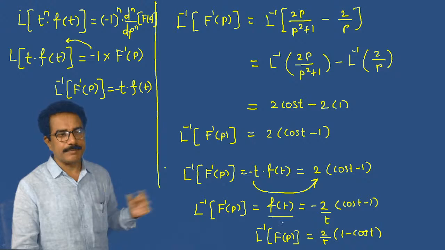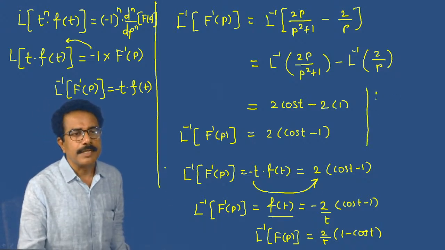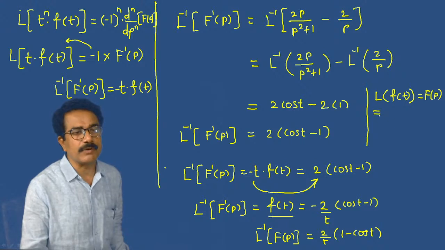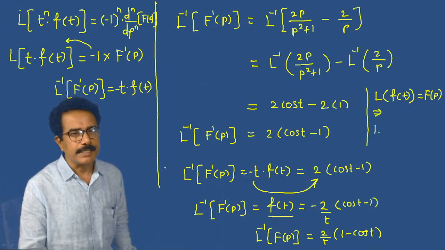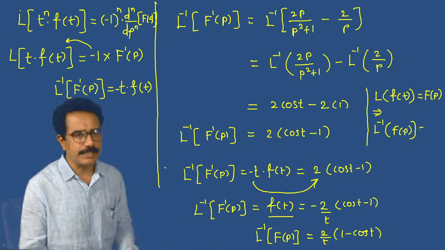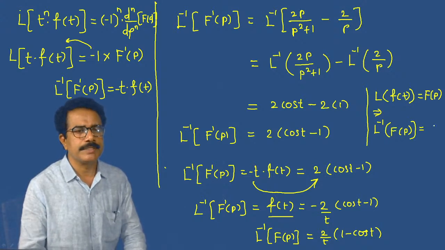But we know the basic formula, if L of f of t is equal to capital F of p, then according to the definition of the inverse, L inverse of capital F of p is equal to small f of t.